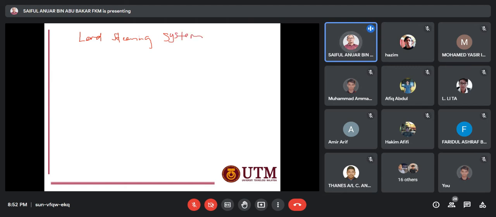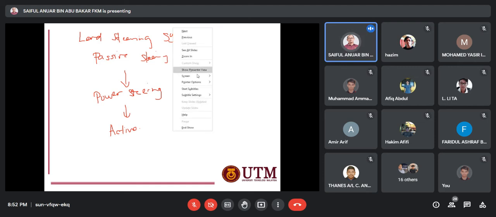If I make it top down, basically we have passive steering, and then we have the power steering, and later on we have the active steering system.